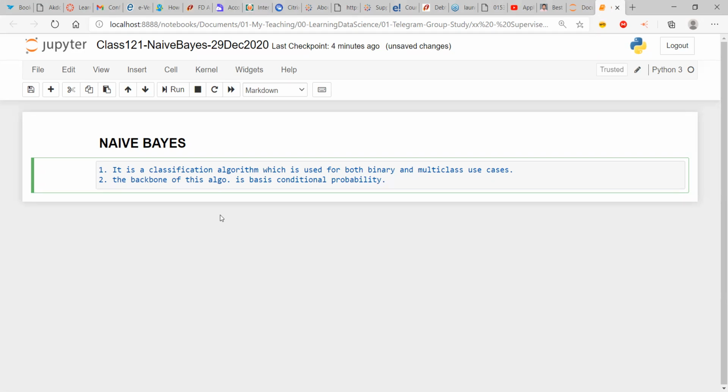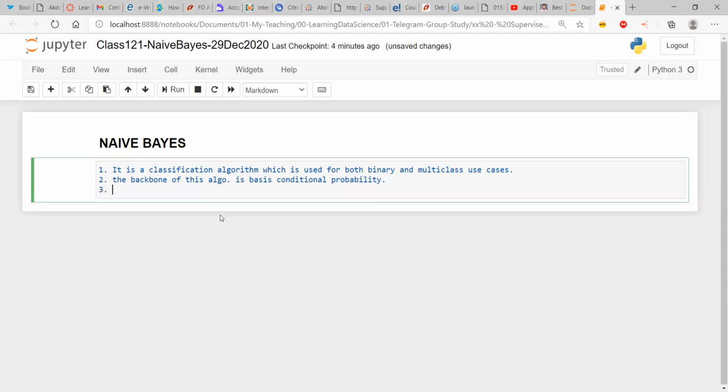Now, there is an advantage and a disadvantage of the fact that it is based on conditional probability. I'm going to write these as point number 3 and 4. As per point number 2, the model's computation will be relatively much faster as compared to others.